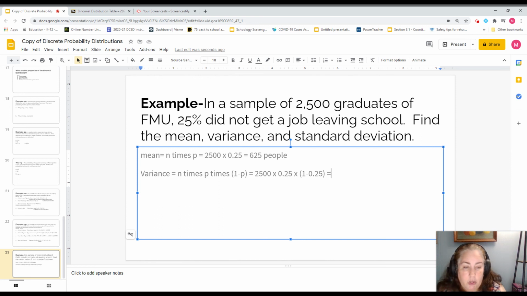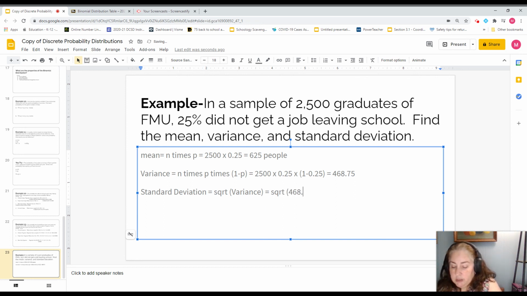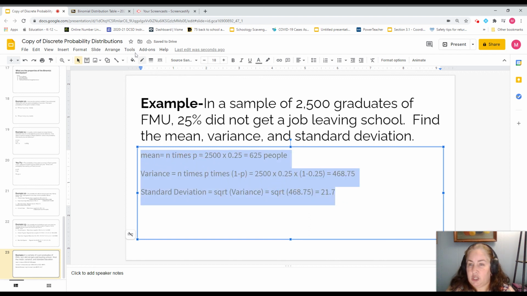And that gives me 468.75. All right, now the standard deviation doesn't change. No matter what I do, it is always the square root of the variance. So we're going to take the square root of 468.75, and we get 21.7. All right, and that is the mean, the variance, and the standard deviation.